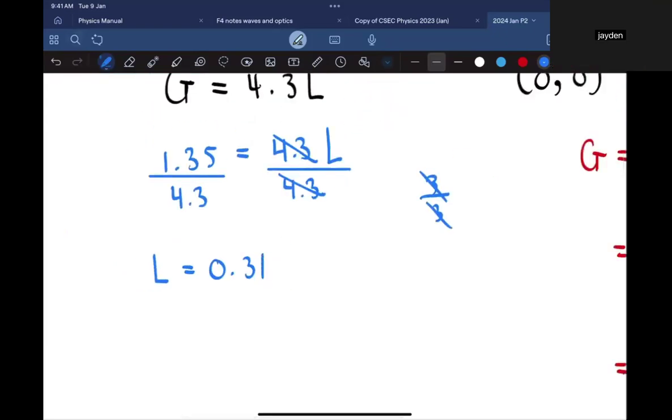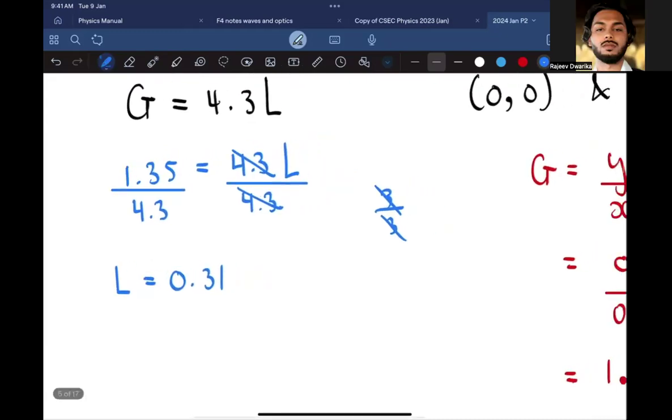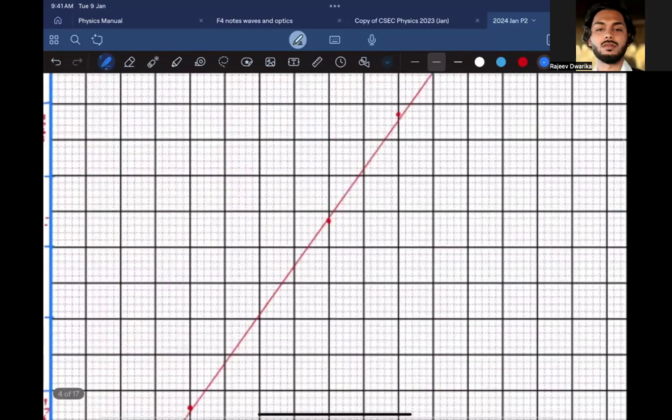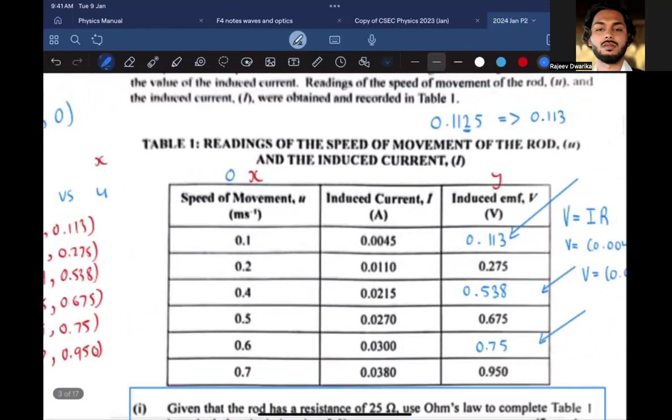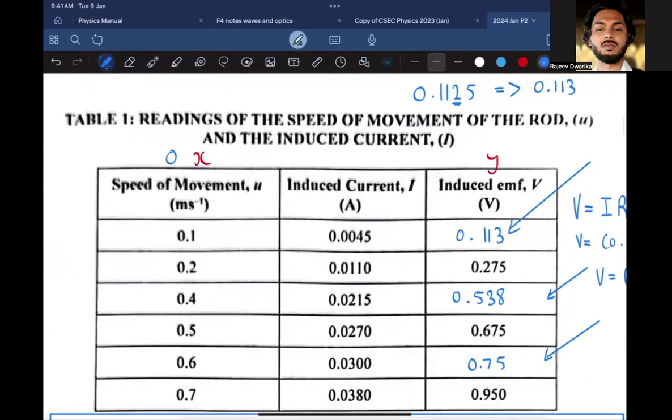Yes, sir. Right, and we need to put the units for length. In this question, let's look carefully. Notice they said that the speed was in what? ms minus 1. How would I say that? What are the units there?